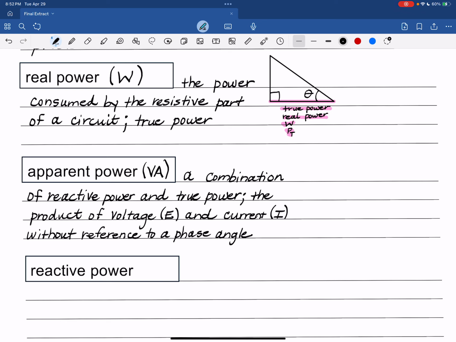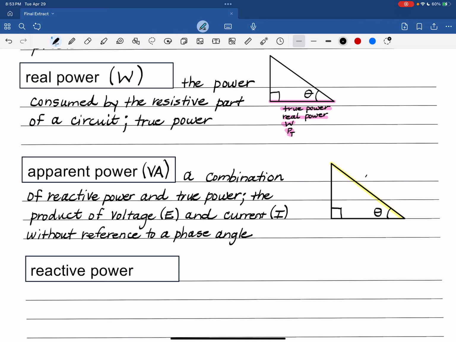So here's what I need you to know about apparent power. On the power triangle, it is the hypotenuse. So if this is your right angle and this is theta, your apparent power is going to be shown on the hypotenuse. It's that combination. Remember, hypotenuse is the longest side because it's a combination of the legs.